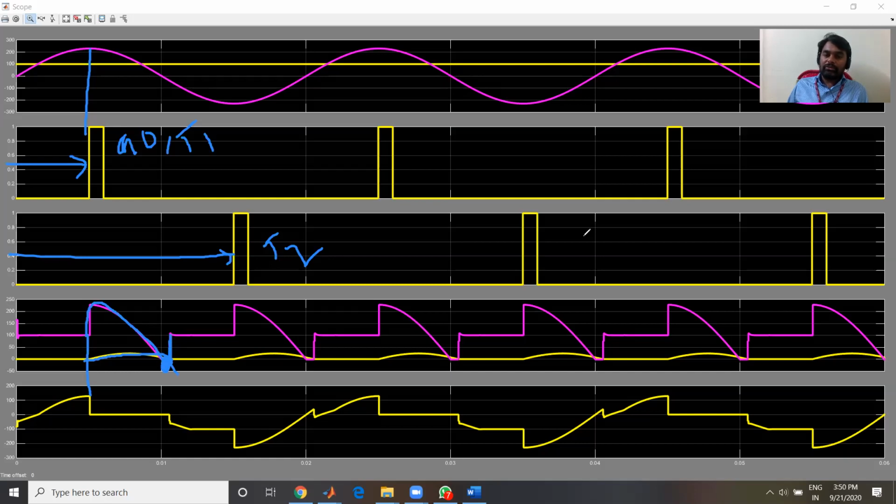We wrote the output voltage as voltage across resistance, voltage across inductance, and the battery voltage. Now during this interval there is no output current, so VR goes to 0, VL goes to 0, and we are left with only the battery voltage. You can see the battery voltage.